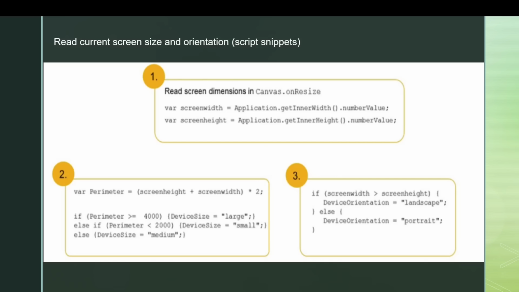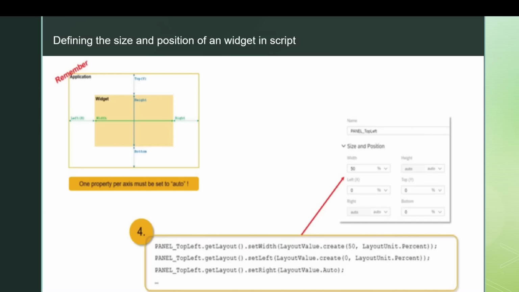If the parameter is greater than 4000, the device size is large. If the parameter is less than 2000, the device size is small, whereas all other sizes will be included in the category of medium. In the third step, we again have an if scenario: if the screen width is greater than screen height, we set the device orientation to landscape. Otherwise, we set the device orientation to portrait. We can also perform the positioning of the screen by using scripting.